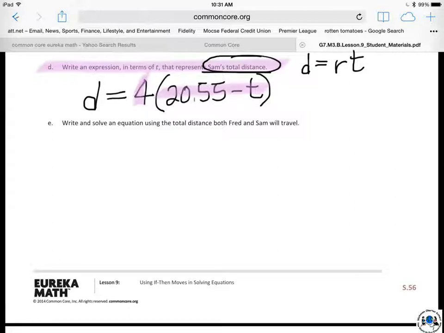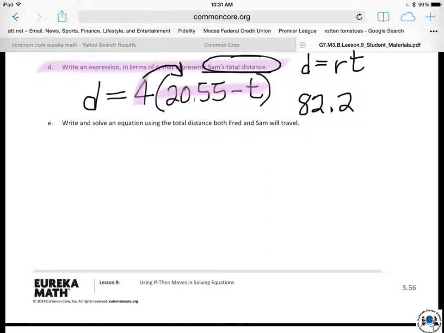So what we can do then is a little distributive property. We can multiply 4 times 20.55, and if you do that, you can do the math if you want, or just look at mine here, it's 82.2. That's 4 times 20.55.